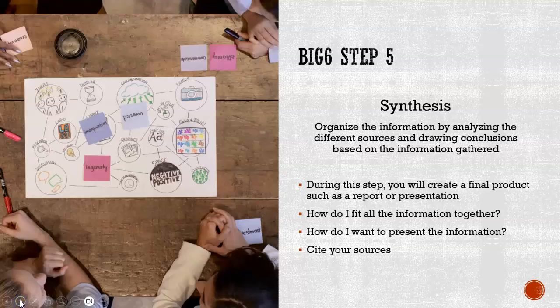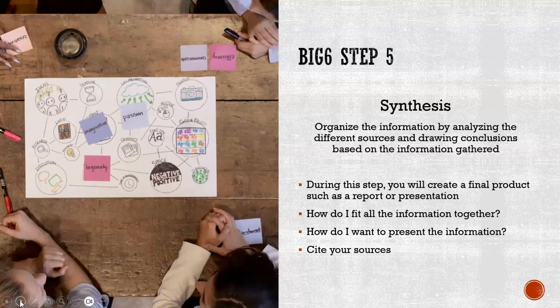Step 5, synthesis. Organize the information by analyzing the different sources and drawing conclusions based on the information that you've gathered. So during this step, you're going to create a final product, such as a report or presentation. You might ask yourself, how do I fit all the information together? How do I want to present the information?